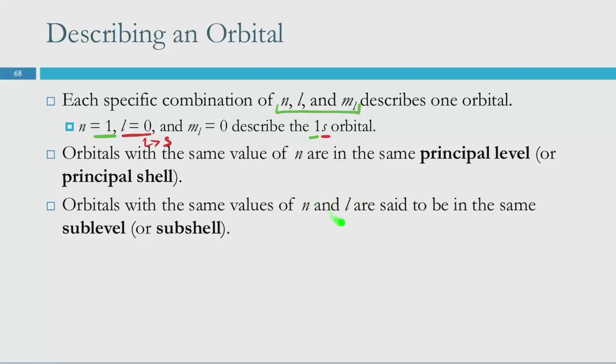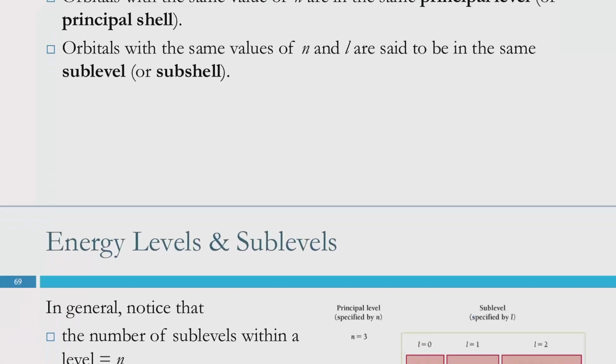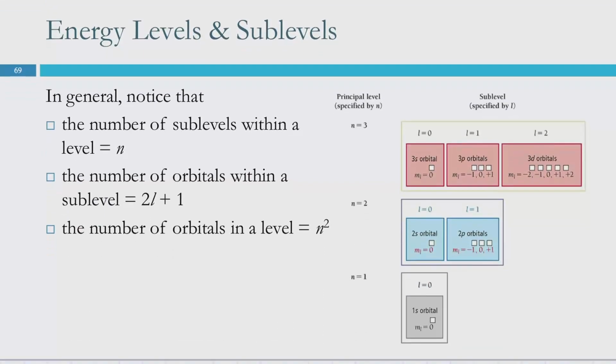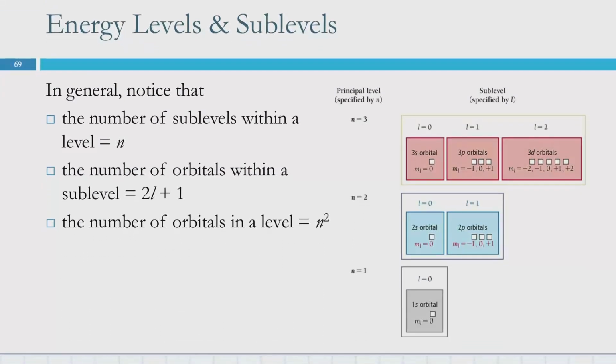If they have the same n and L, then they're in the same sublevel or subshell, so a shell within our particular energy level. Generally, we may notice that the number of sublevels within a level equals n. So we're talking about the different values for L, or our subshells. Sublevels is being used interchangeably here with subshells.